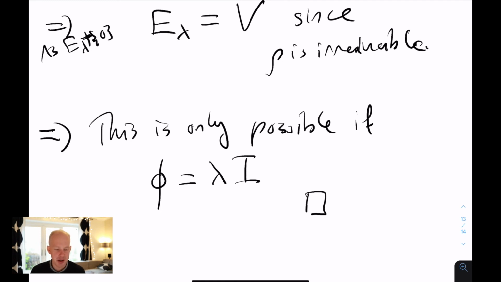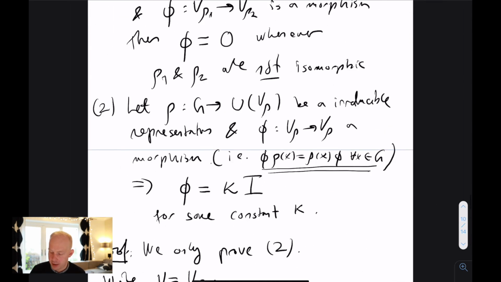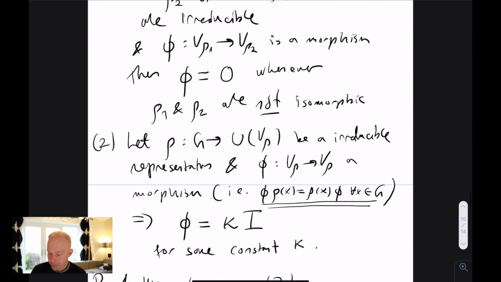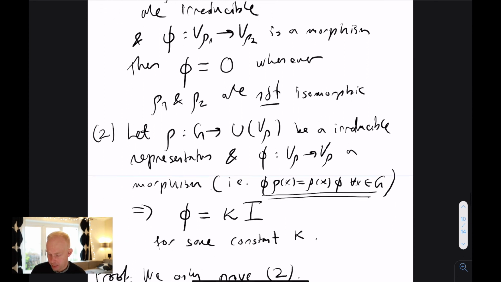Next time you can see how this helps with a lot of things. It looks a bit simple, as the statement is only saying that once you have a morphism between two irreducible representations, the morphism can only look like this. But typically these morphisms arise in much of Fourier analytic theory.